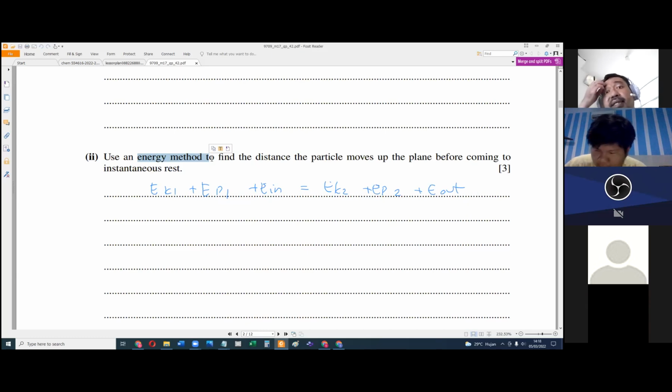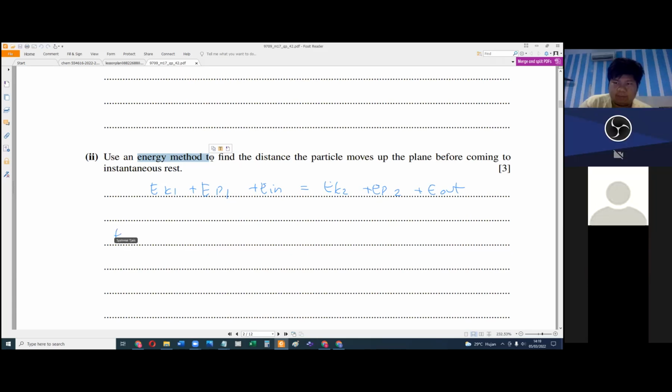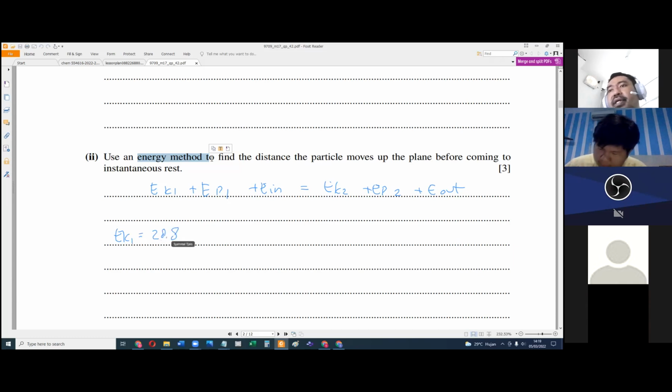Now, in this case, we already know the kinetic energy for the first position: EK1 is 28.8. Instantaneous rest means EK2 is 0, because V at position 2 is 0. EP1 is 0 because position 1 is the lowest position.